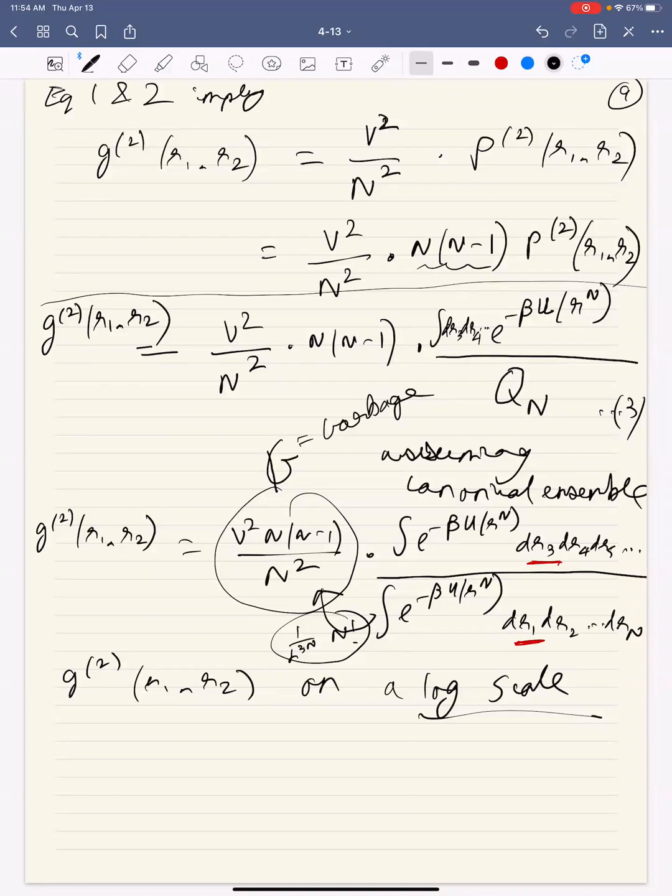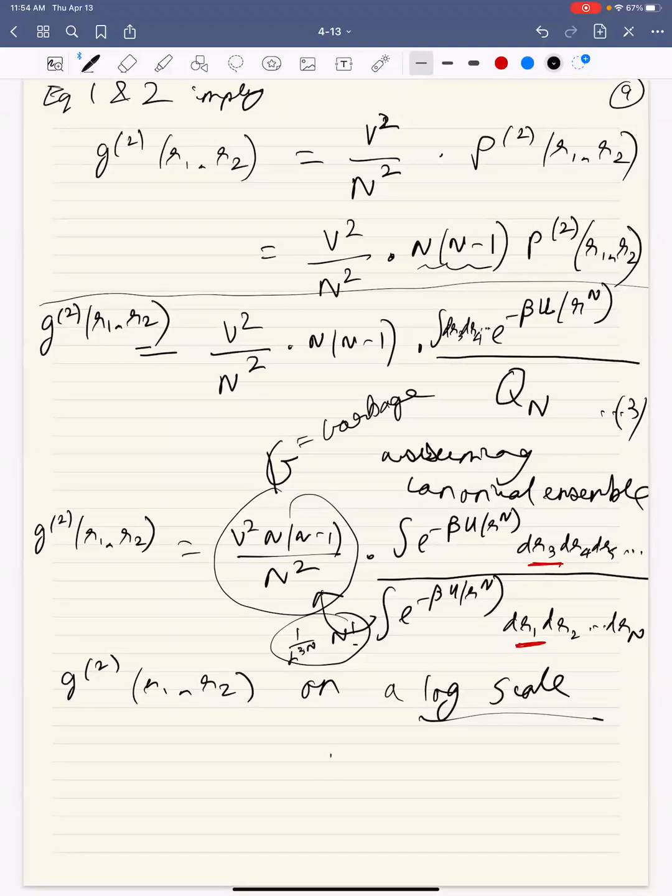Okay, so we are going to introduce G2 of R1, R2 on a log scale. In order to do that, we are going to look at log of G2 of R1, R2. And not just that, we want this to look like an energy. What is the dimension of log of something? No dimension, it's dimensionless.